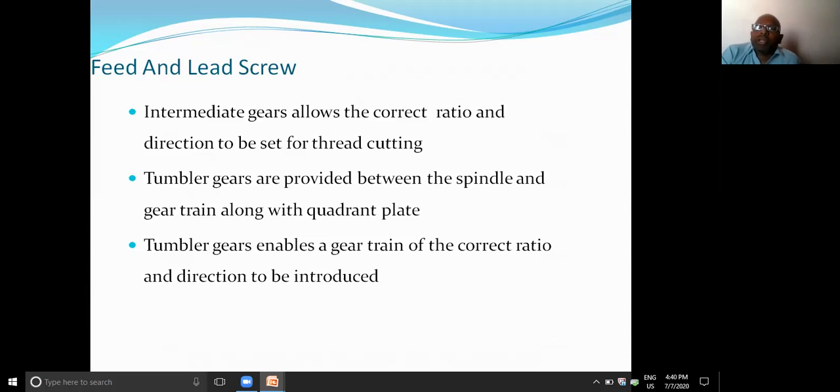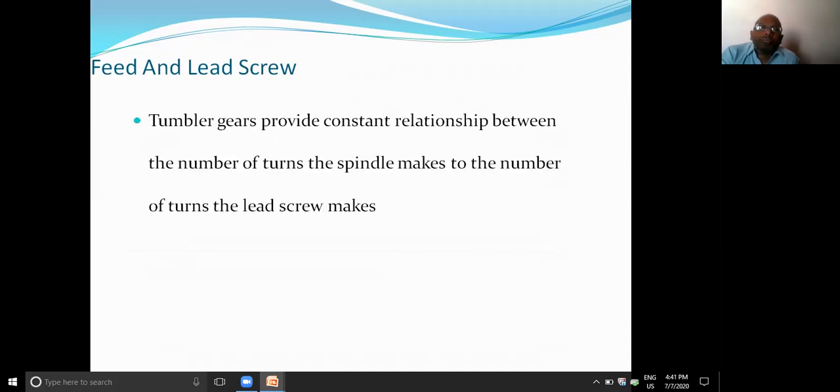Remember, speed ratio means the ratio of driving wheel to driven wheel. Tumbler gears are used only for changing the required direction of rotation, but they should not affect the speed ratio.